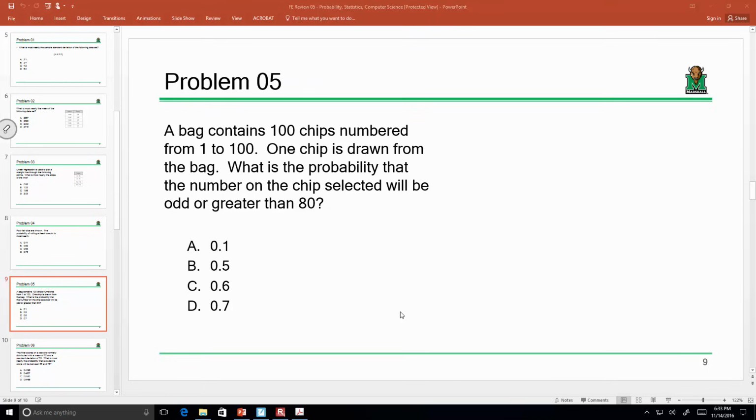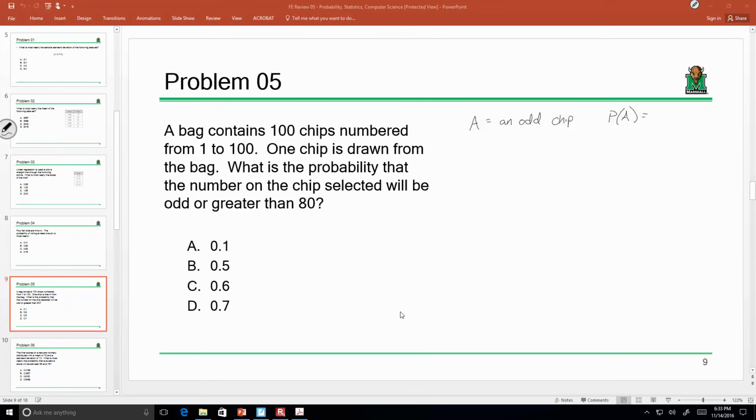Now, let's simplify this a little bit. We've got 2 events here. What's the probability that the number on the chip is odd or greater than 80? Let's start off with A being an odd chip. What's the probability of A occurring?